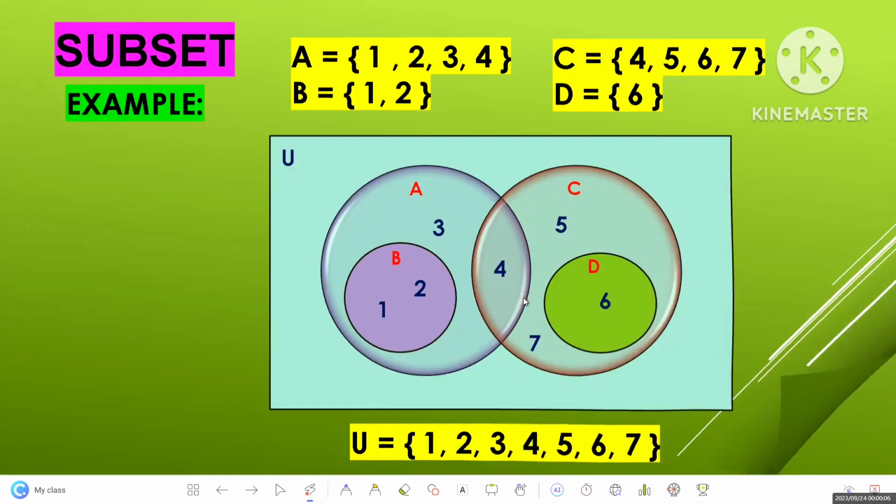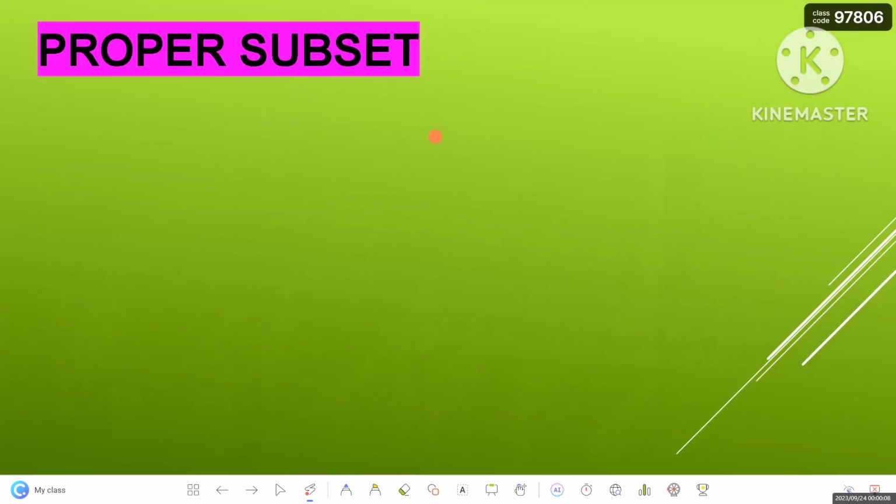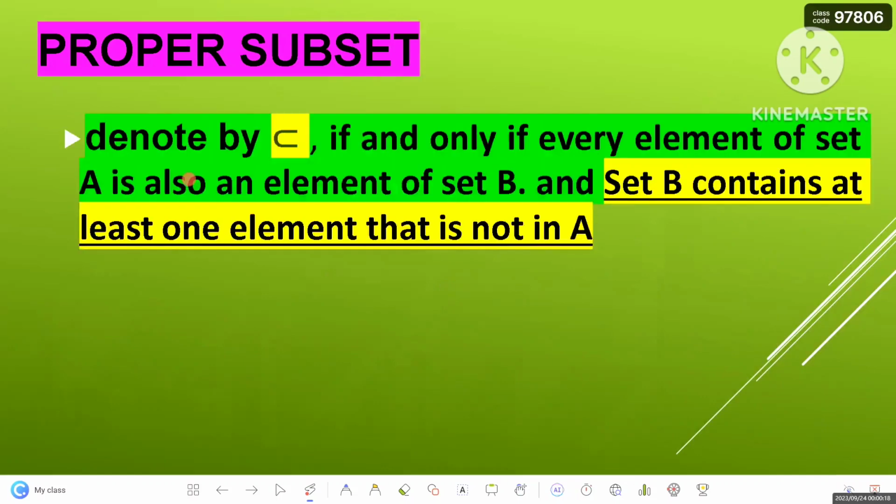Next, let's discuss the proper subset. Kanina, subset. This time, proper subset naman. Proper subset is denoted by this one. This is the symbol for proper subset. Kapag may underline siya, subset siya. Pag walang underline, proper subset siya.